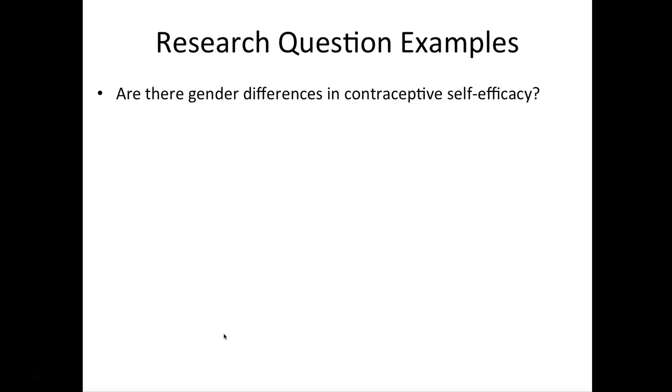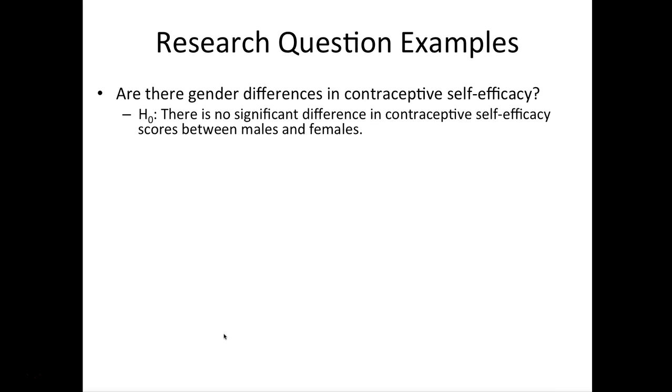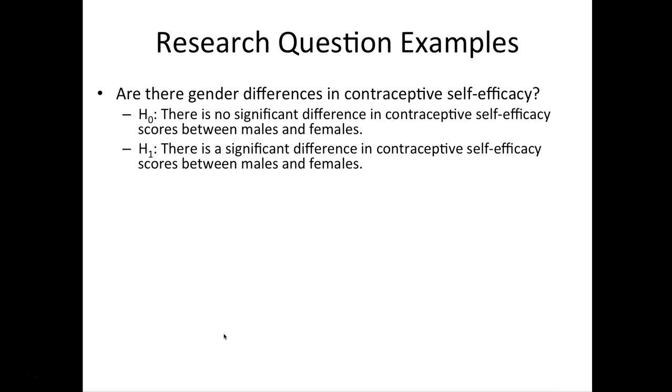So another question, another set of research question examples. Let's follow with the examples that we've been using for t-test and one-way ANOVA. So when we talked about t-test, using the example from the AdHealth data, we asked, are there gender differences in contraceptive self-efficacy? So our null hypothesis was that there are no differences between males and females.